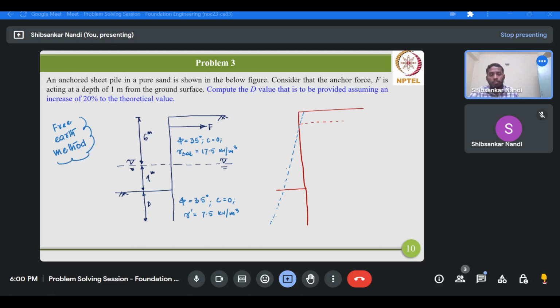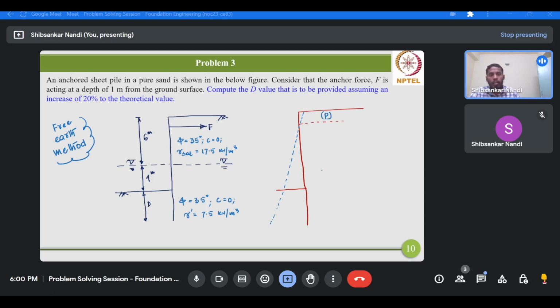So again, based on the deflected pattern of this wall, we can divide the entire soil mass into some categories, into some zones. For example, this soil portion above the anchor level will be under which condition, active or passive? It will be under passive condition, since the wall is basically moving towards the backfill.